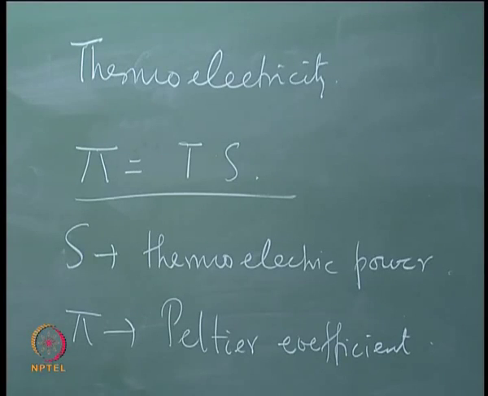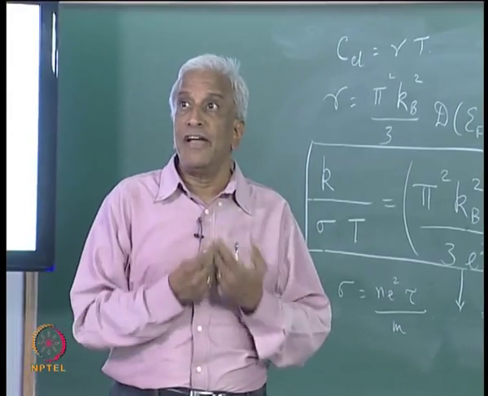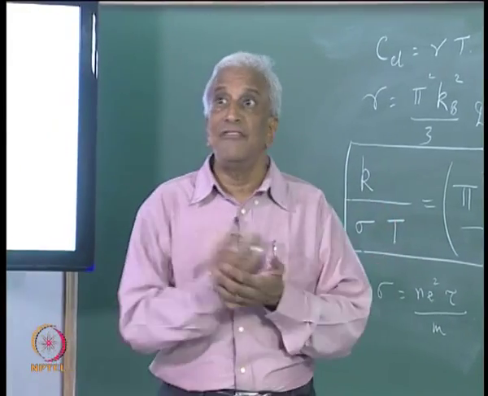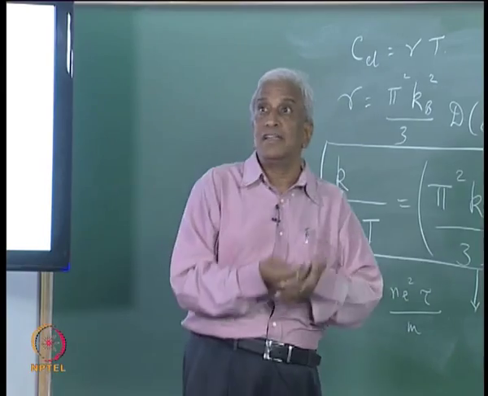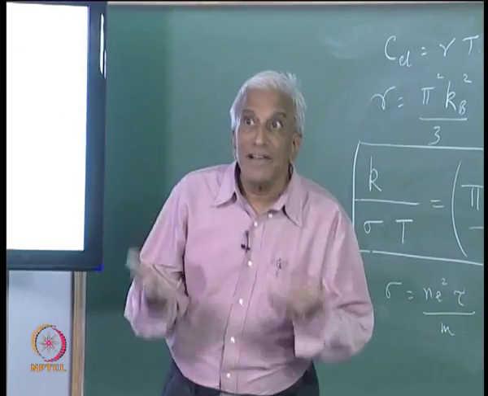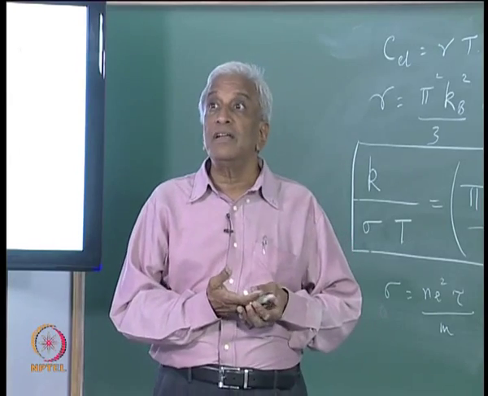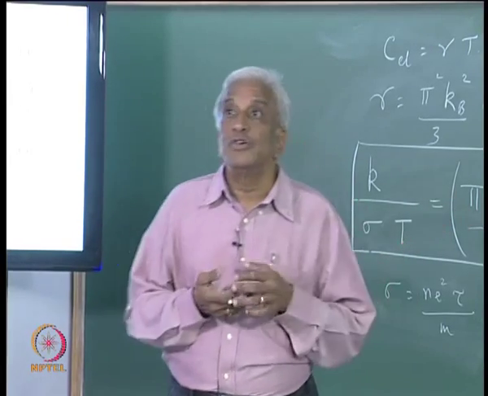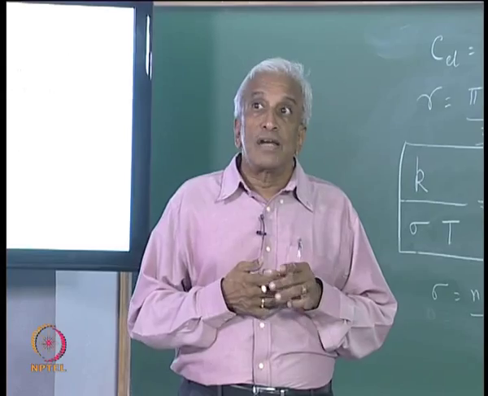So, this is the standard expression which links the Peltier effect and the thermoelectric power. In the Peltier effect, we are interested in the heat given out or taken in at a junction between the conductor of interest and a reference material such as a superconductor, which makes no contribution to the thermoelectric power.